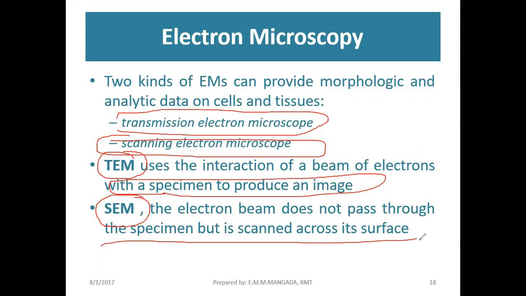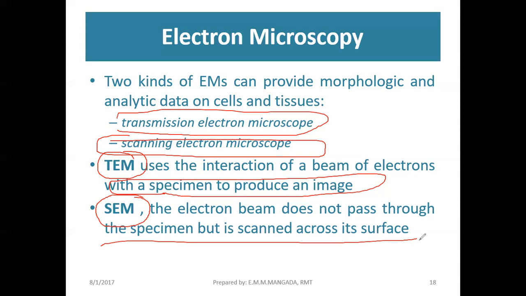But with your TEM, you're not just appreciating the surface. It's actually the inner portion of that specimen or of that microorganism. So with TEM, it enables you to observe structures found in the inner portion of your microorganisms.